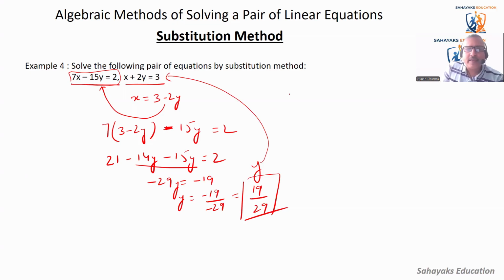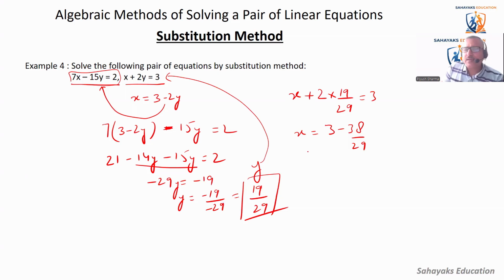So we'll write x plus 2 into 19 by 29 is equal to 3. So x is equal to 3 minus 38 by 29.